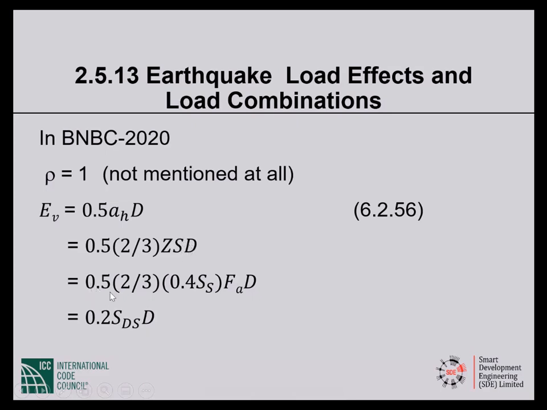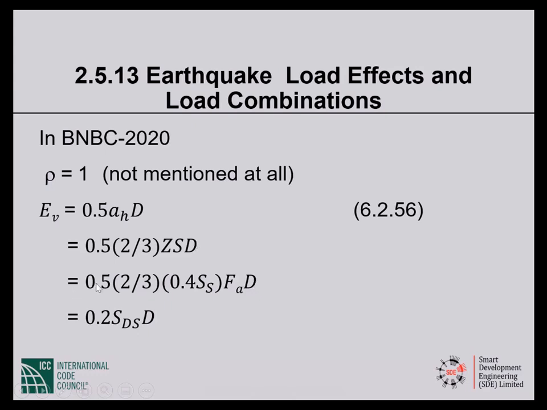So that is equal to 0.5 times 2/3 Z. Remember, Z is equal to S sub 1, which is 0.4 S sub S. The soil factor S of BNBC is F sub A of ASCE 7, the short period site coefficient, and design dead load remains.